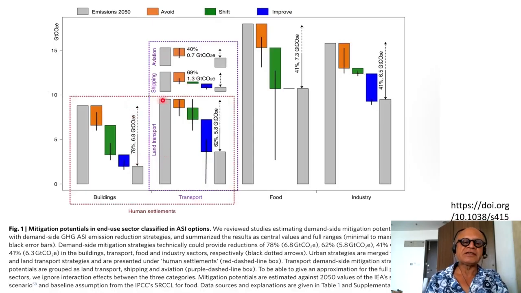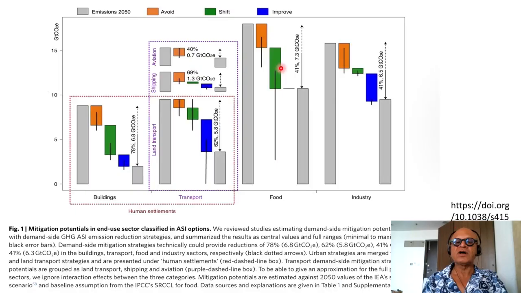And similarly in land transport, shipping, and aviation, there are 40%, 69%, and 62% respectively. Whereas these numbers are larger, the total emission is smaller. So this contribution here is 5.8 gigaton CO2 equivalent in land transport, 1.3 gigaton CO2 equivalent here in shipping, and 0.7 gigaton CO2 equivalent in aviation.